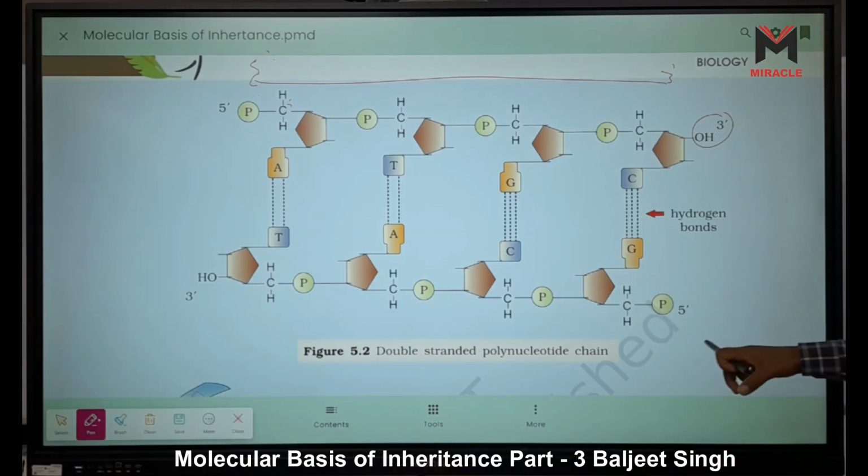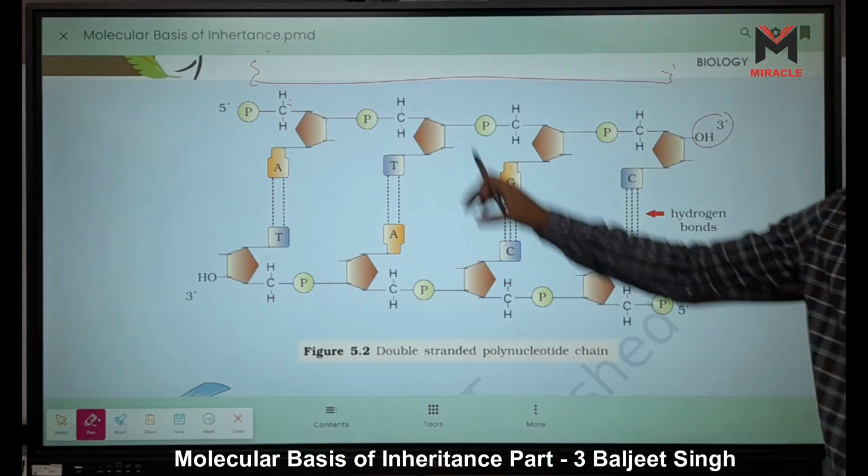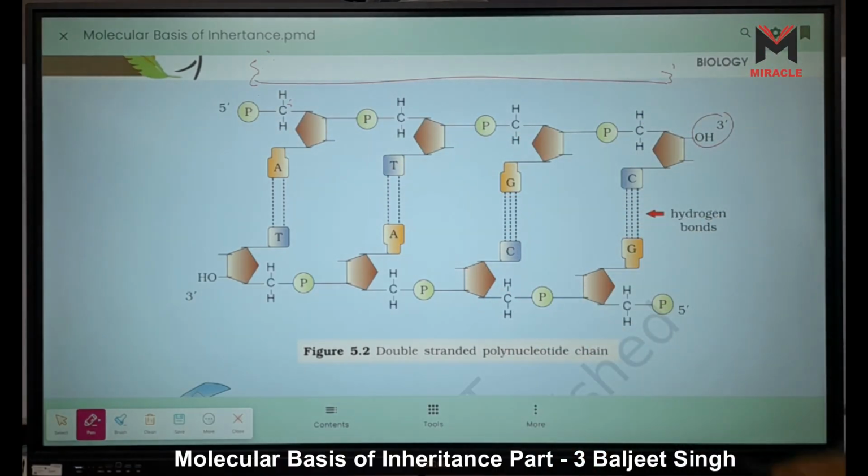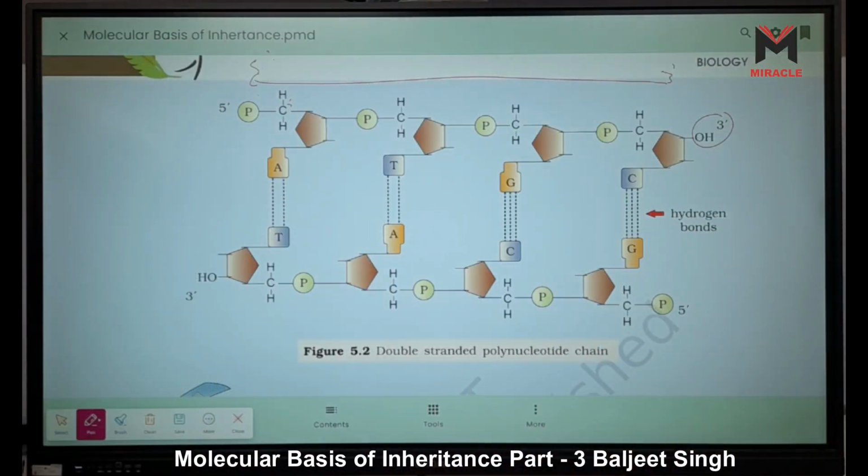But in the second strand it is just opposite: the phosphate moiety is present at this side, and the hydroxyl moiety is on the third carbon.